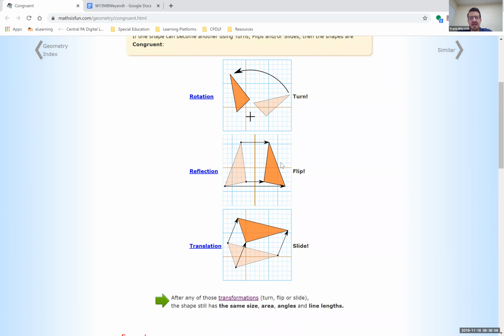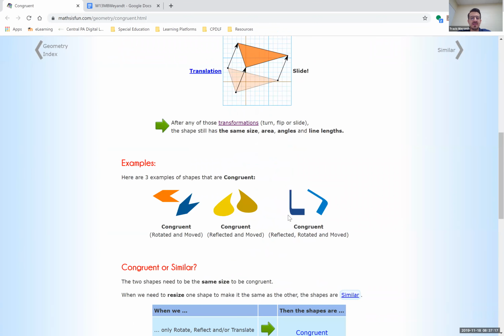So again, it's like similarity, where they can be rotated, reflected, or translated as long as they're the same shape. So similarity somewhat has that definition. As long as they can be transformed in any fashion and they're the same shape, then everything is okay. The only difference is that for congruence, the shape still has to be the same size, area, angles, and line lengths.